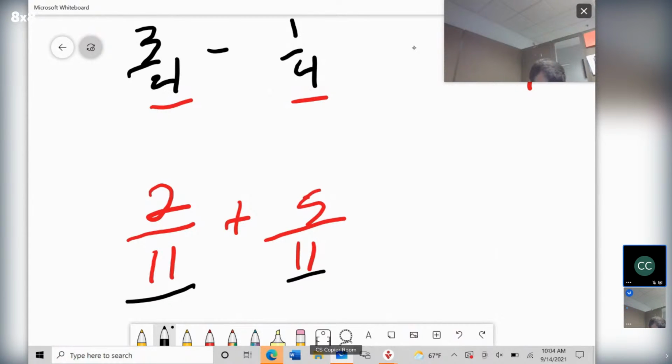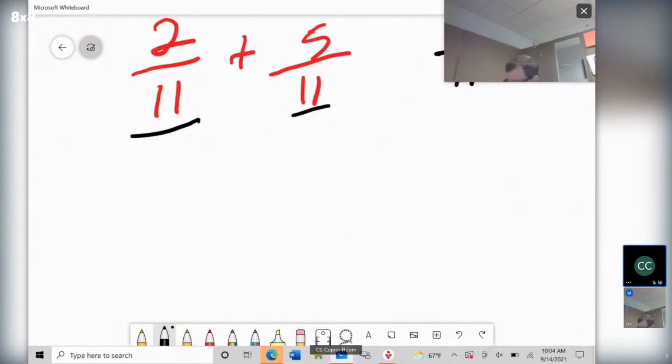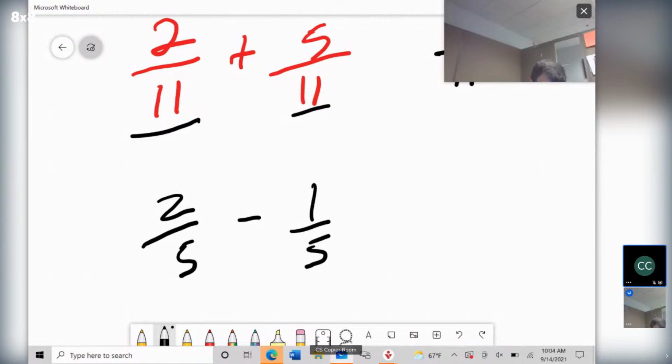We're going to do the 2 plus the 5, and that's going to be 7/11. Similarly, if we do a subtraction problem, 2/5 minus 1/5, you see the denominator is the same, so we're just going to do a subtraction problem. 2 minus 1 is going to be 1/5.